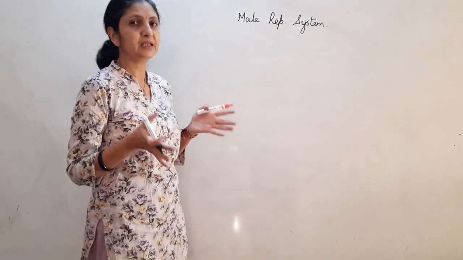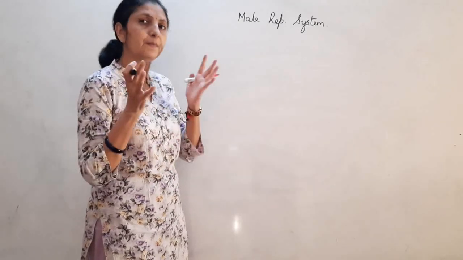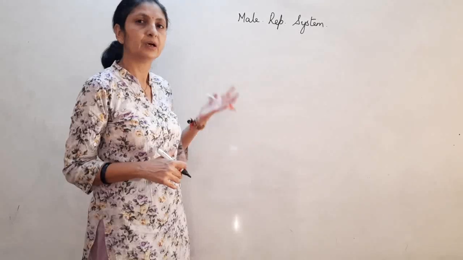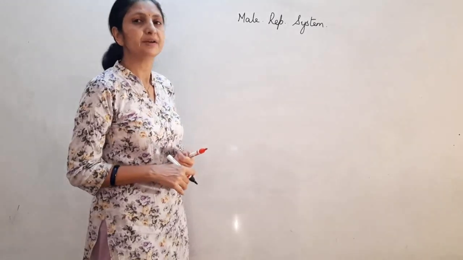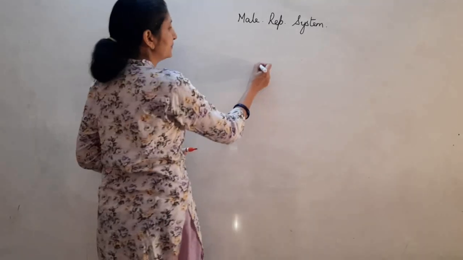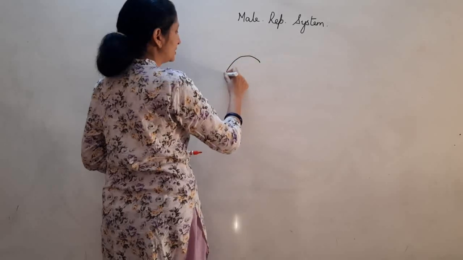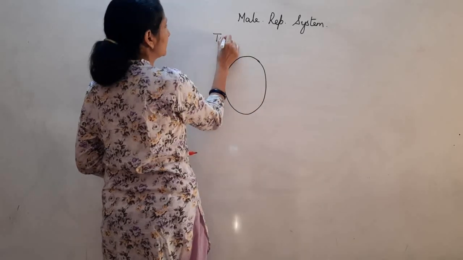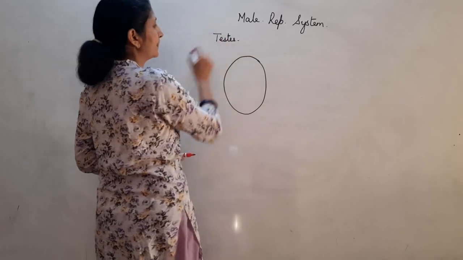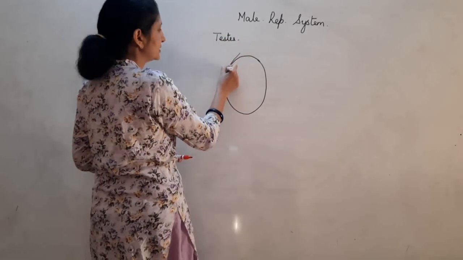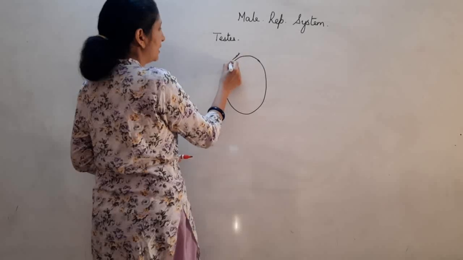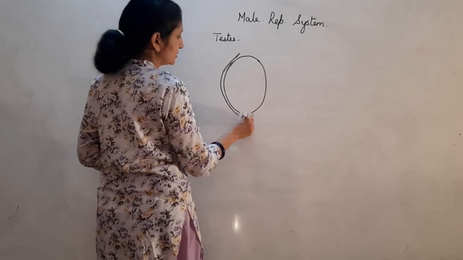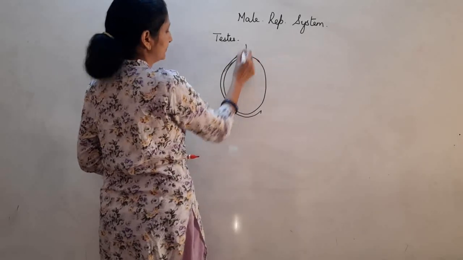Just to explain the main part, that is the testis, I am taking the help of a diagram of the testis like this. We had drawn testes as oval structures like this, which are located inside a pouch-like structure which is like this.